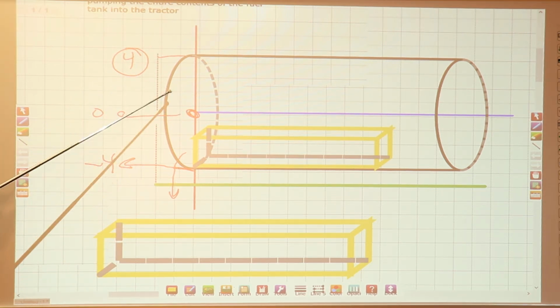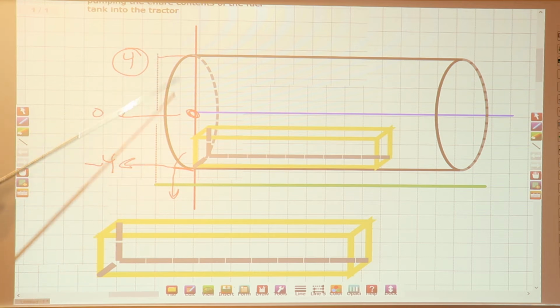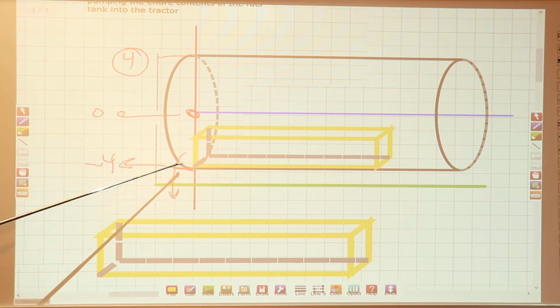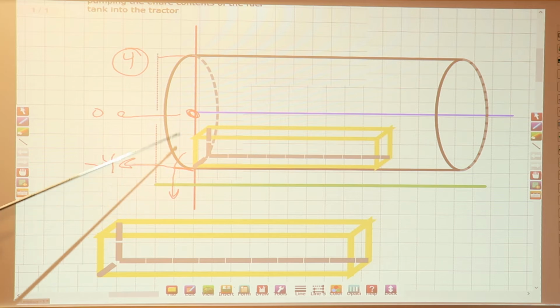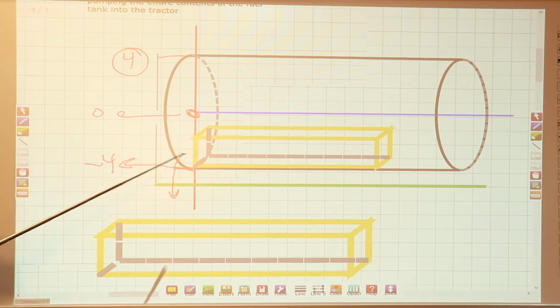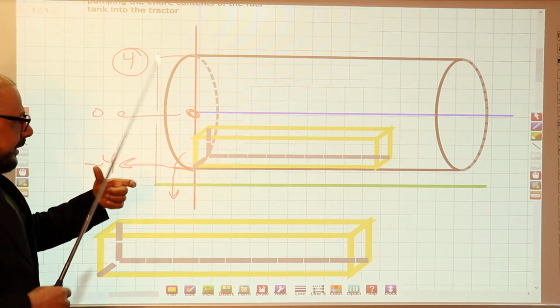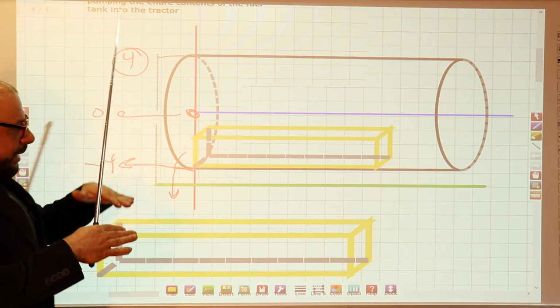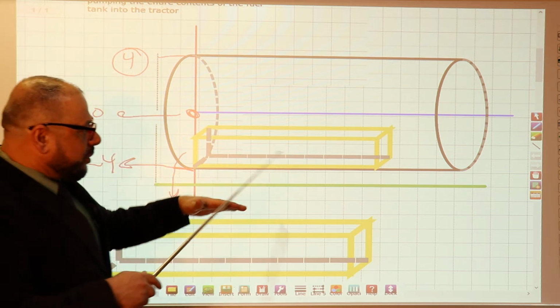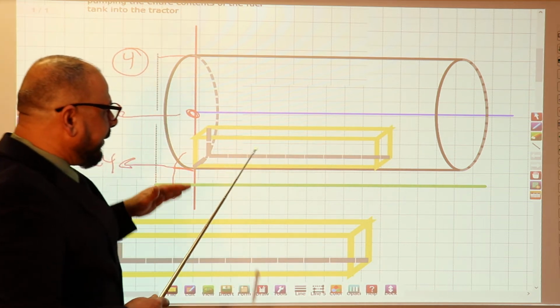From here to here we have 4 meters. From here to here, the diameter is 8 meters. Then 4 and 4, negative 4 because this is 0. When the fuel goes down, the height and the width are changing. You imagine the fuel is filling the whole tank.